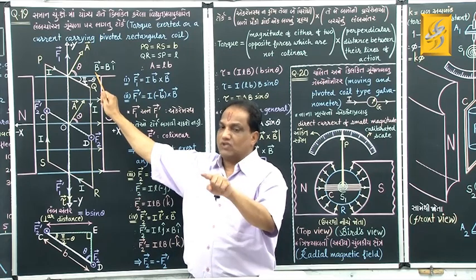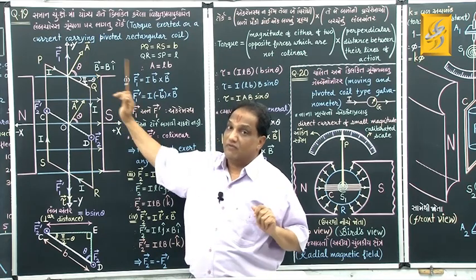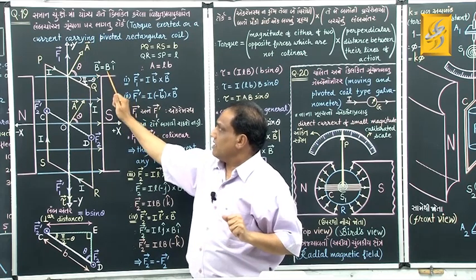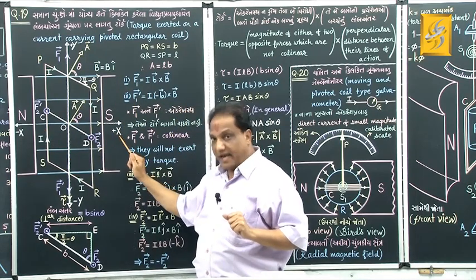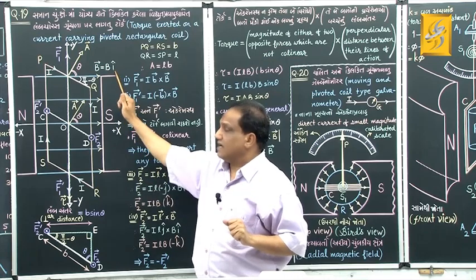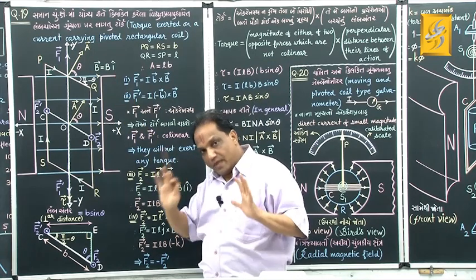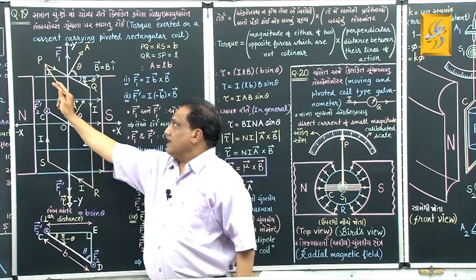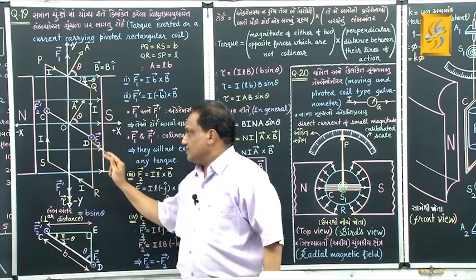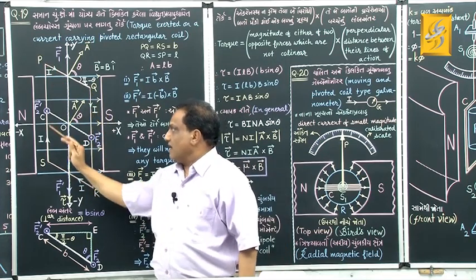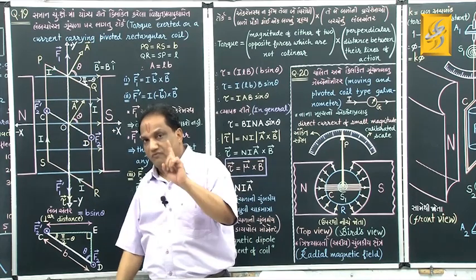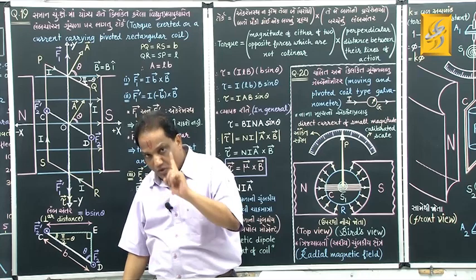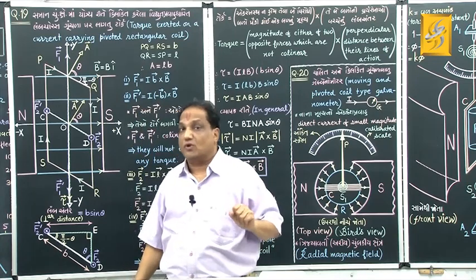Don't you know vector equals magnitude multiplied by unit vector. Magnitude is B. Unit vector in this direction, in the direction of positive x-axis, is i hat. Now we consider a rectangular coil, say PQRS. In the figure we have shown only one turn of that rectangular coil.